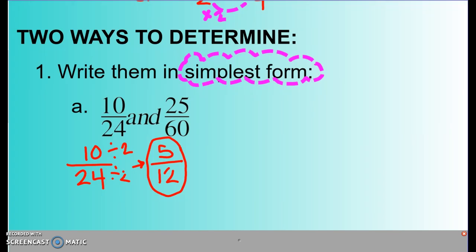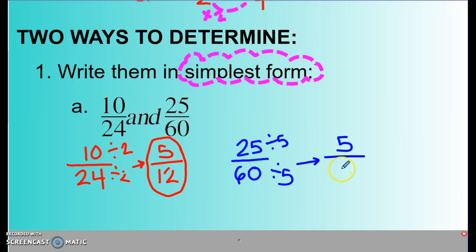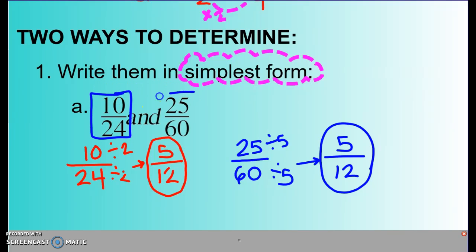So then we have to test our other ratio, which in this case is 25:60. I see one number ends in a 5 and the other ends in a 0, which means I can divide them both by 5. And when I do that, 25 divided by 5 is 5. And 60 divided by 5 is 12. So again, we are here in simplest form. And the question then is, are these two original ratios a proportion?